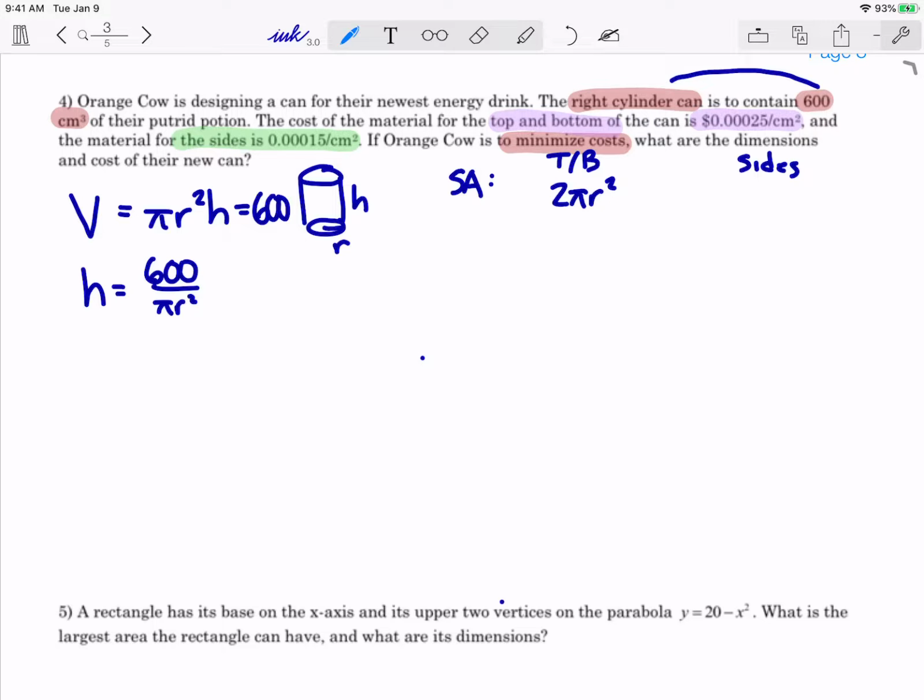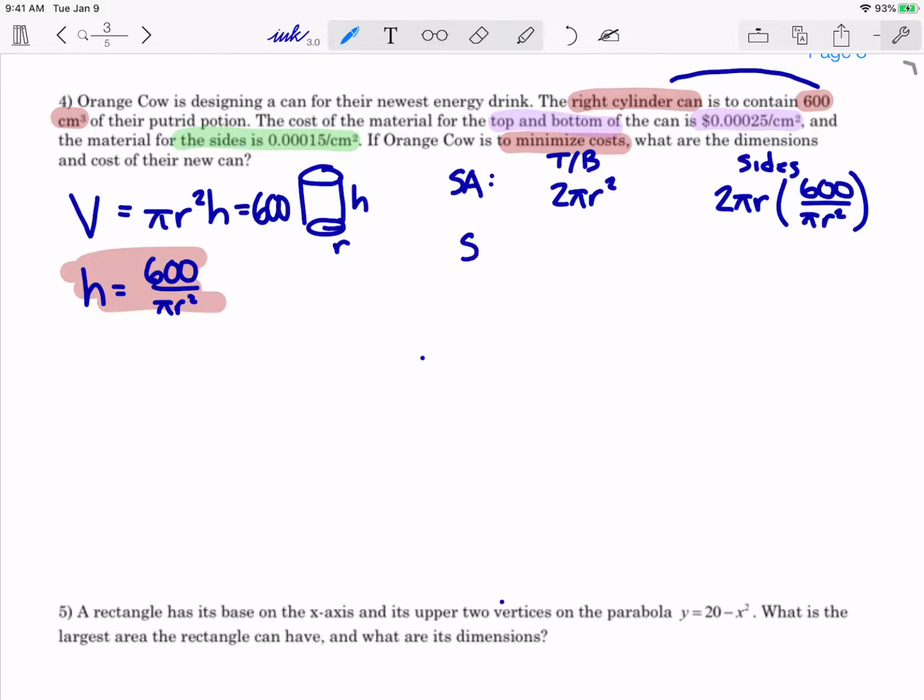Circumference is 2 pi r, so I get 2 pi r h, but I'm going to go ahead and replace h with 600 over pi r squared, because that's the value I got from my constraint function. I have to make a can that has 600 centimeters cubed of liquid, which for those wondering is actually 0.6 liters. So then, that's the surface area, so now I need to multiply those by the respective costs.